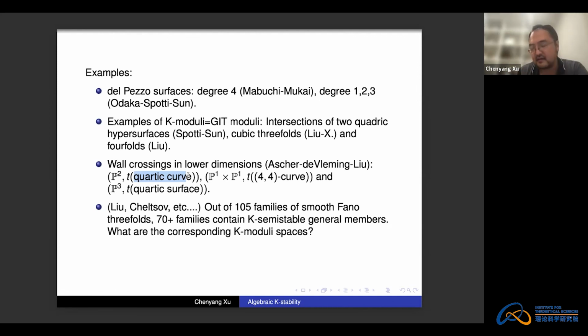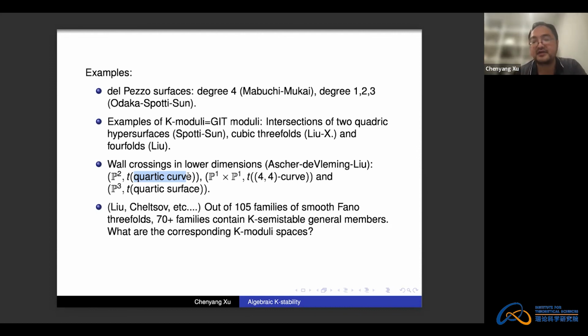Another very active subject is looking at the classification of smooth Fano threefolds. By the result of Iskovskikh and Mori-Mukai, we know there are 105 families of smooth Fano threefolds. I think Chertsov and his group, building on previous works by others, showed that there are 70 plus families whose general members are K-semistable.